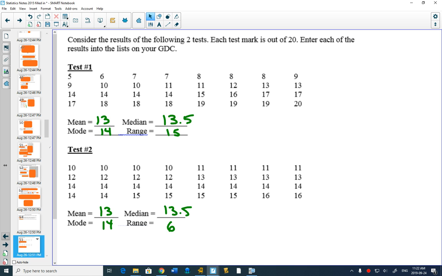It's the same for both of them. And the only thing we have different is one has a bigger range than the other. But that just tells you the difference between your lowest score and your highest score. Does that mean both classes are the same in the middle? Or are there significant differences?